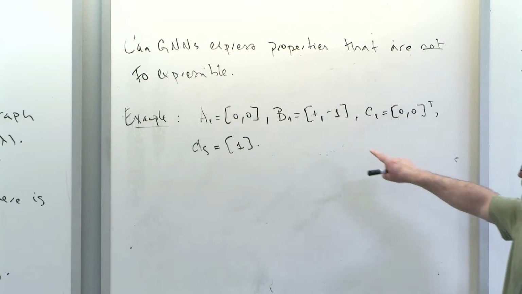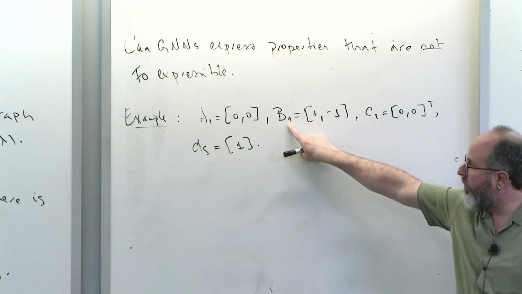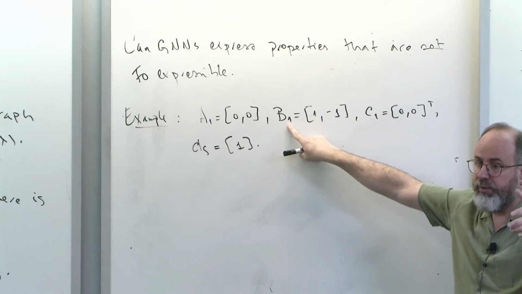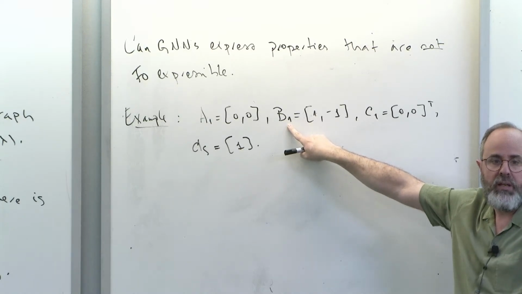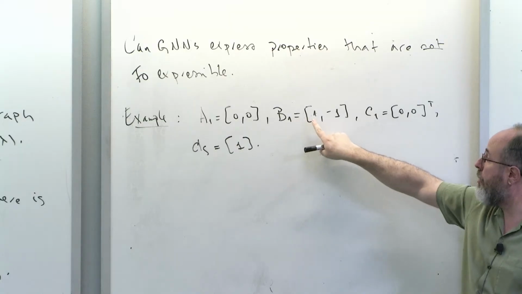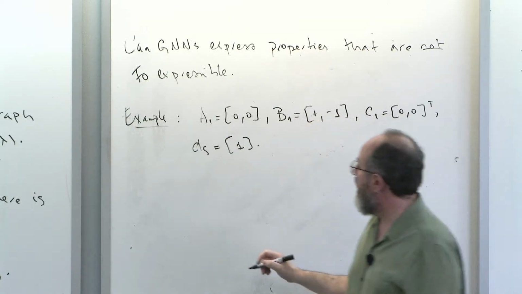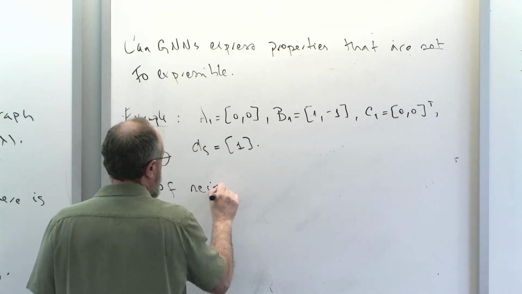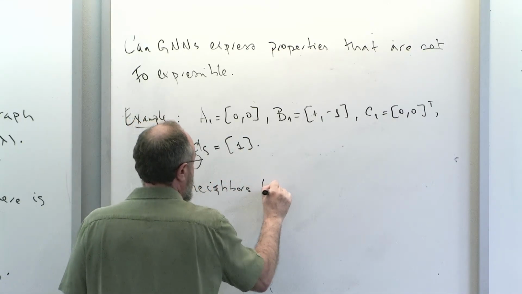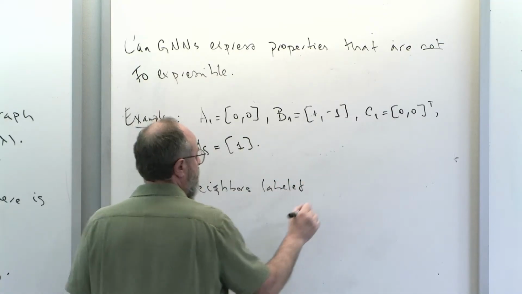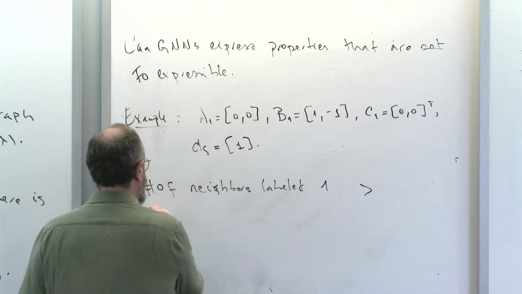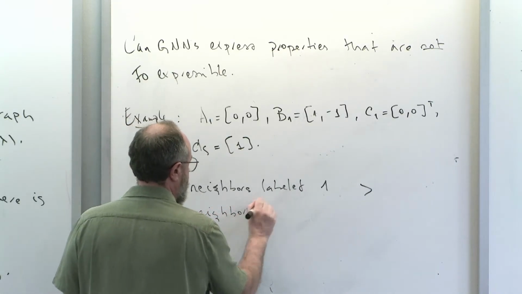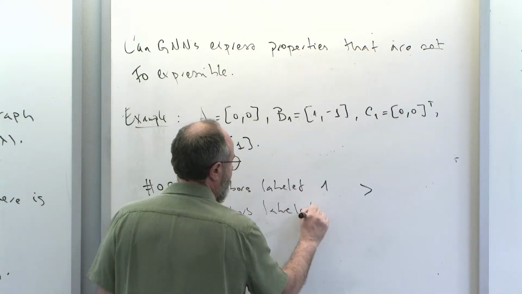Well, this is the matrix that multiplies the sum of the one-hot encodings of the neighbors, right? So it's asking whether the number of neighbors labeled 1 is larger than the number of neighbors labeled 2.